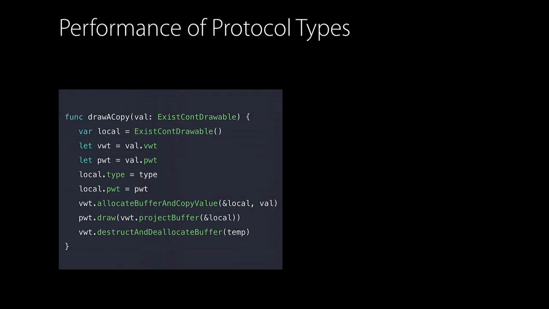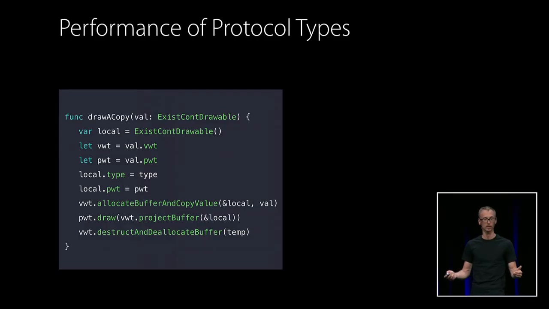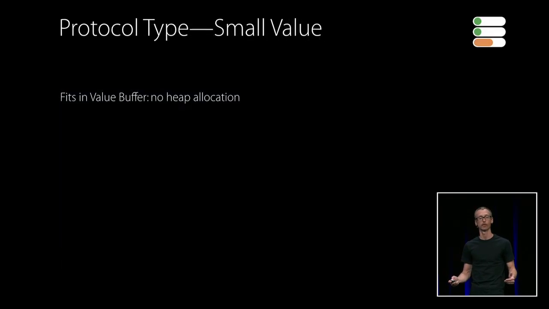Okay, so we've seen how variables of protocol type are copied and stored, and how method dispatch works. Let's take a look at what that means for performance. If we have protocol types that contain small values that can fit into the inline value buffer of the existential container, there's no heap allocation.